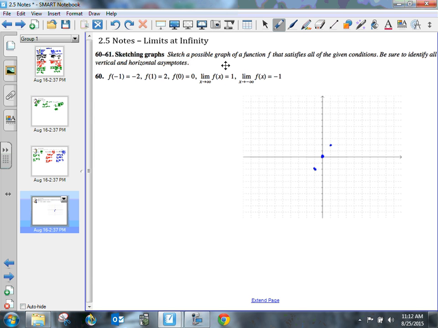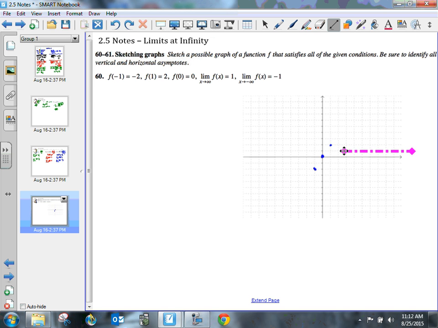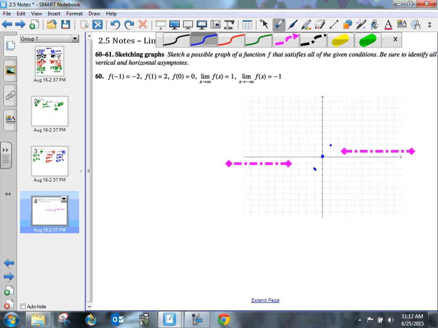Okay, and then as x approaches infinity, I get a value of 1. Okay, that means I have a horizontal asymptote at 1. All right, so I'm going to draw that little asymptote in here. And then as x approaches negative infinity, we have a horizontal asymptote of -1. Okay, so what I want to do is actually draw this function, okay?